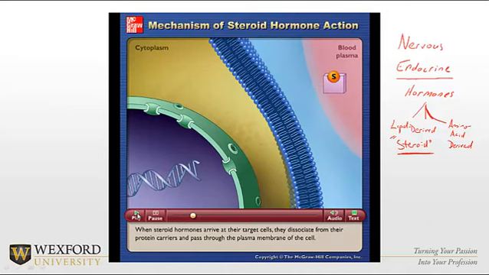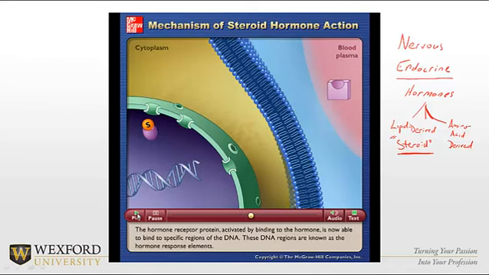When steroid hormones arrive at their target cells, they dissociate from their protein carriers and pass through the plasma membrane of the cell. Some steroid hormones bind to specific receptor proteins in the cytoplasm and then move as a hormone receptor complex into the nucleus. Other steroids travel directly into the nucleus before encountering their receptor proteins, not shown.